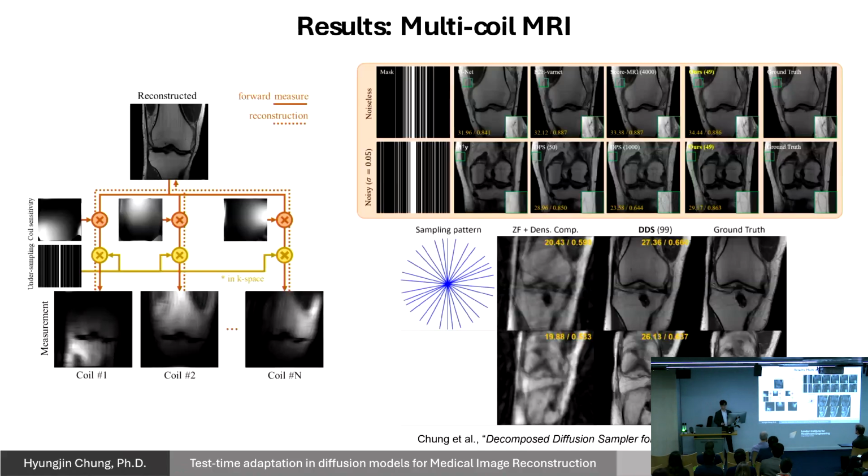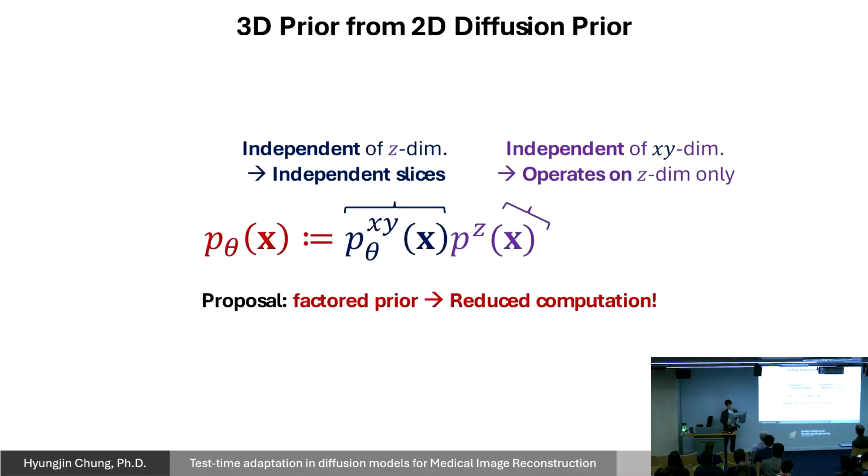And some of the main applications that I have with DDS is in multi-coil MRI. But let's say you wanted to expand this to solving 3D inverse problems, which is often the case in medical imaging.